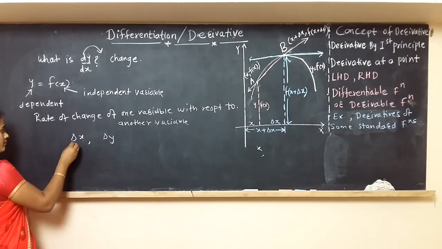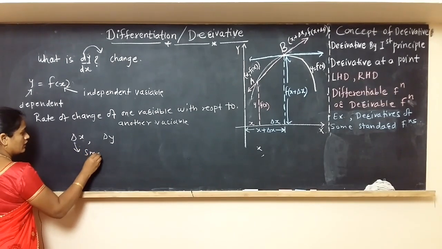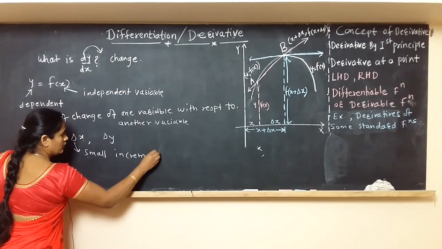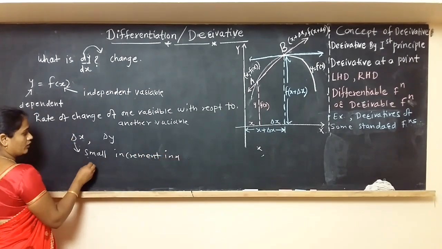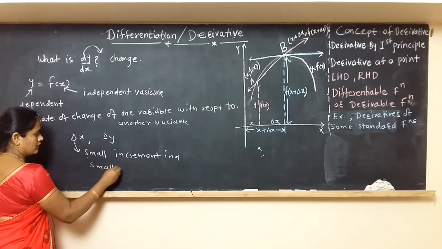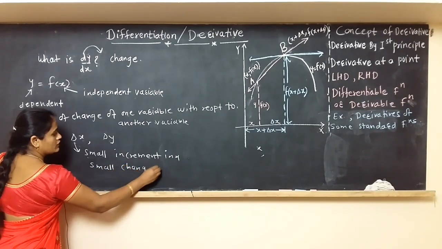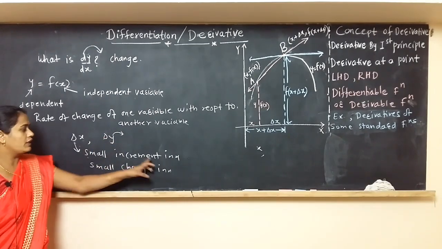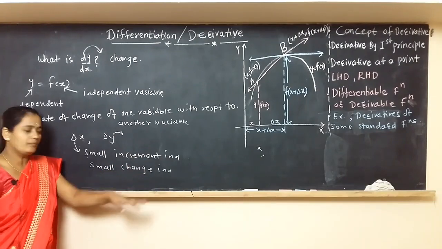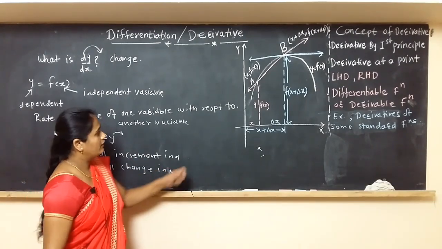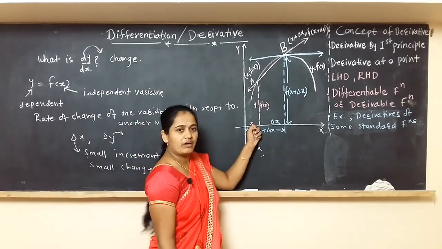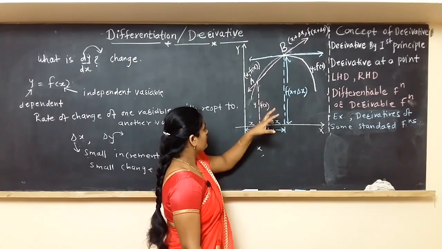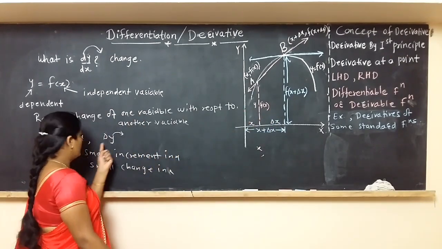That is small increment: delta x is read as small increment in x or small change in x. Similarly, delta y we read as a small increment in y or small change in y. So I have taken a small change in the value of x as delta x, and change in y we represent by delta y.